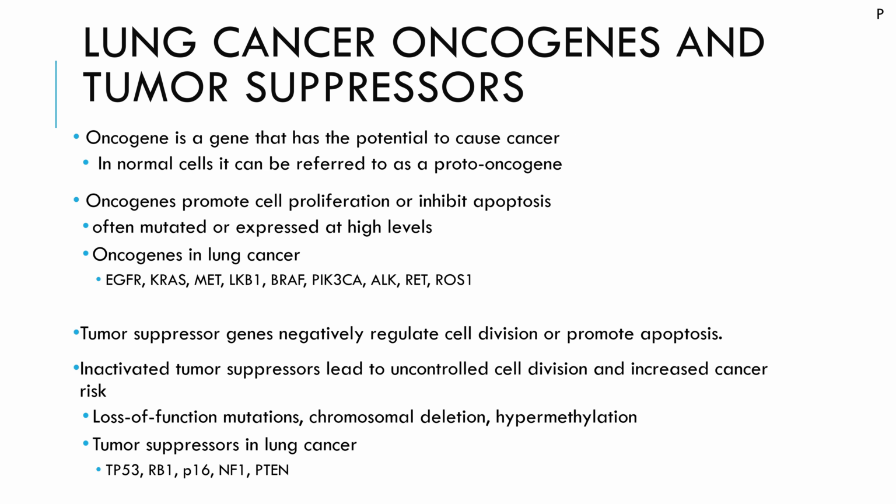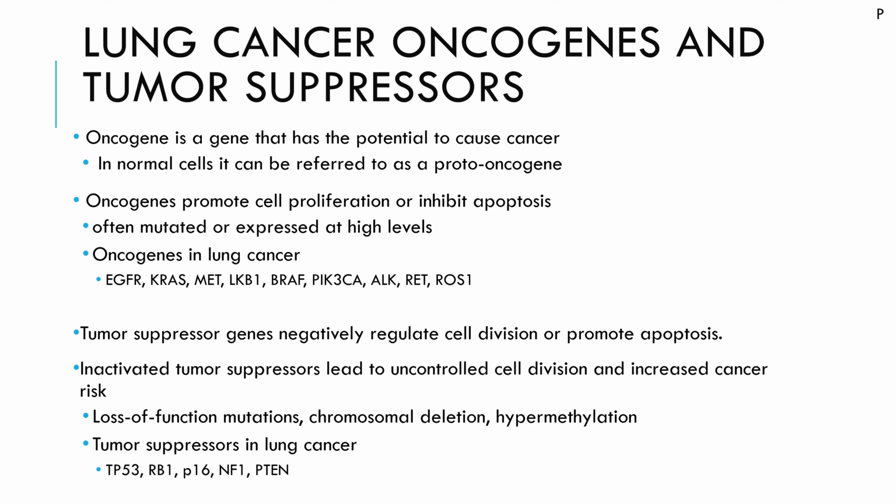Back to definitions. What is an oncogene and what's a tumor suppressor? An oncogene is a gene that has the potential to cause cancer. In normal cells, it is usually referred to as a proto-oncogene, something that comes before the oncogene.